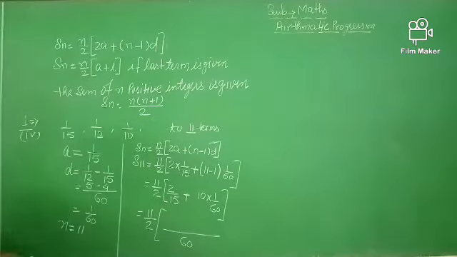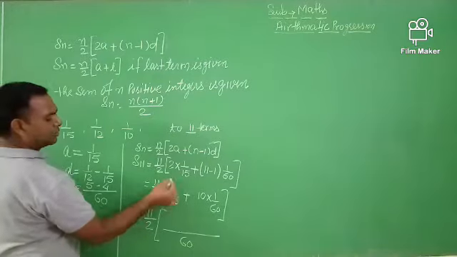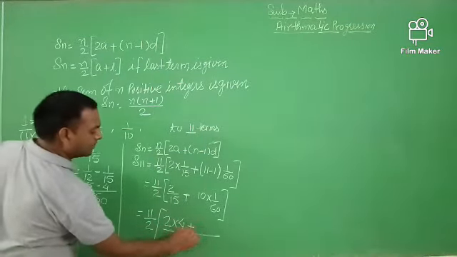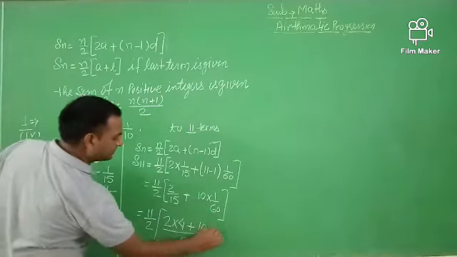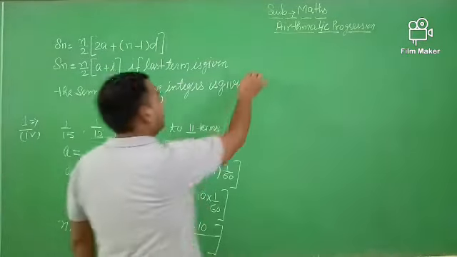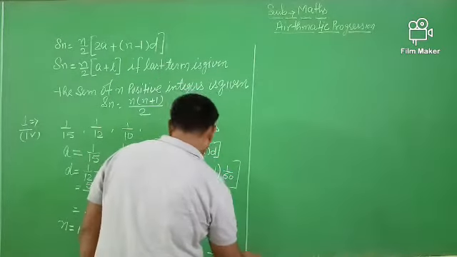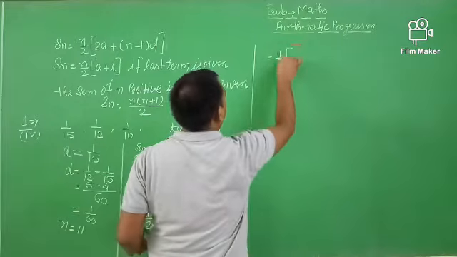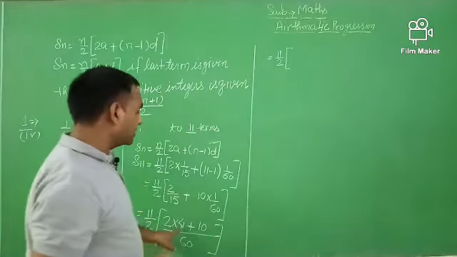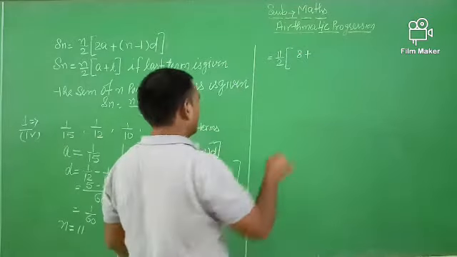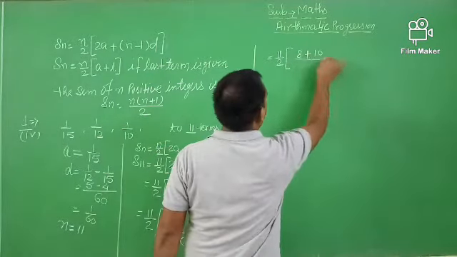So 15 fours are 60, so 2 fours are 2 into 4, and plus 10 ones are 10. Next, this is equal to 11 by 2 [2 fours are 8, so 8 plus 10] divided by 60.